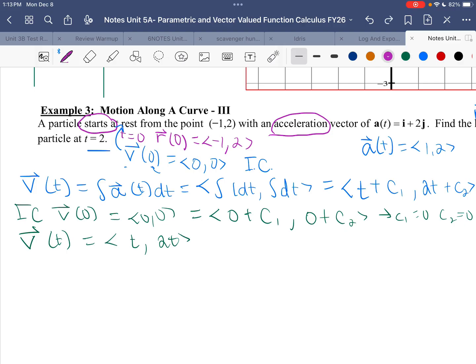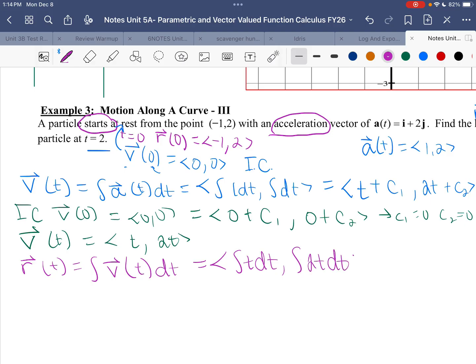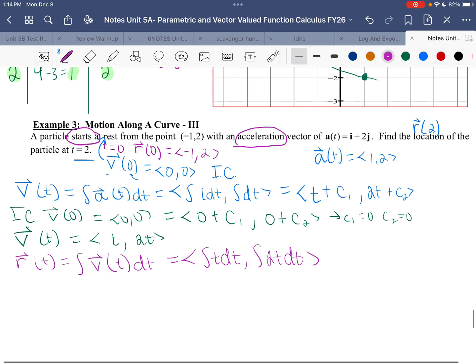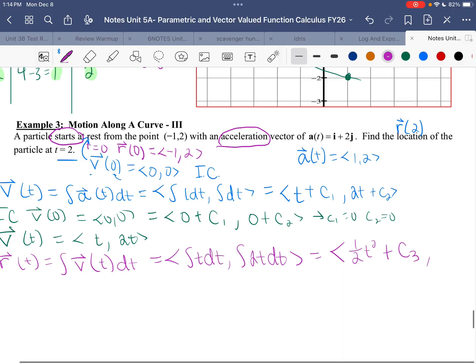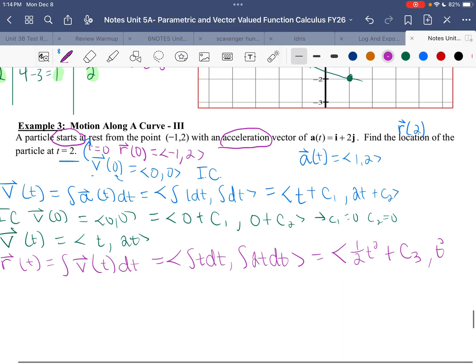Then our position vector is equal to the integral of velocity. So this is going to become 1/2 t squared plus c3, since we already had c1, c2, and t squared plus c4.